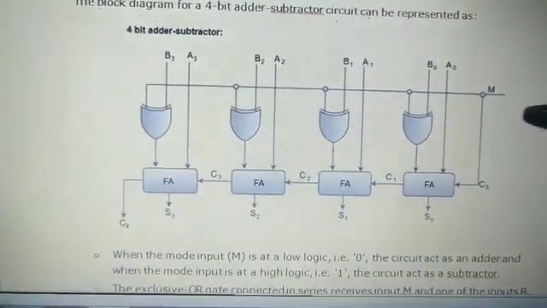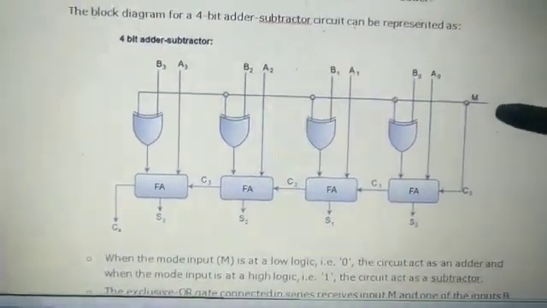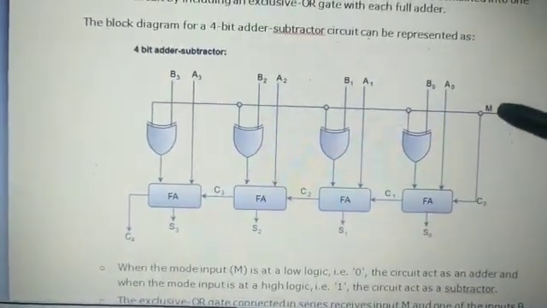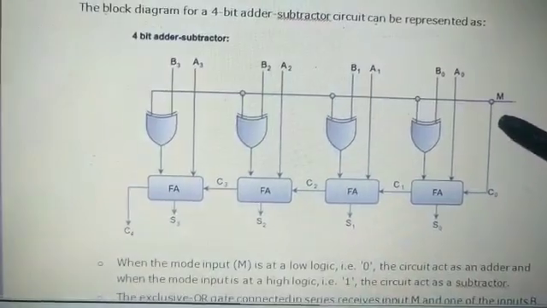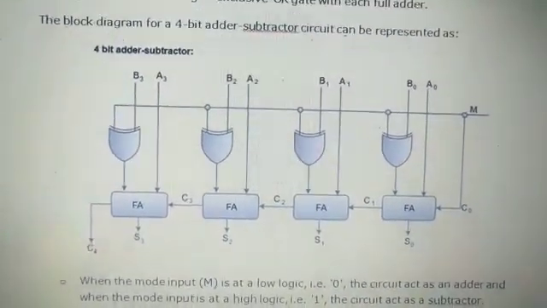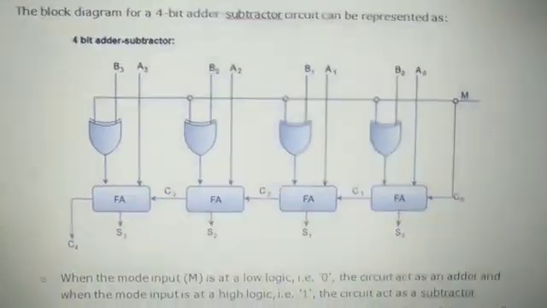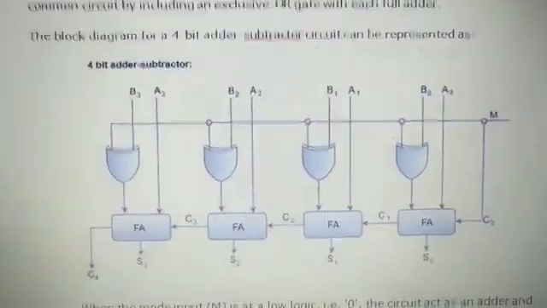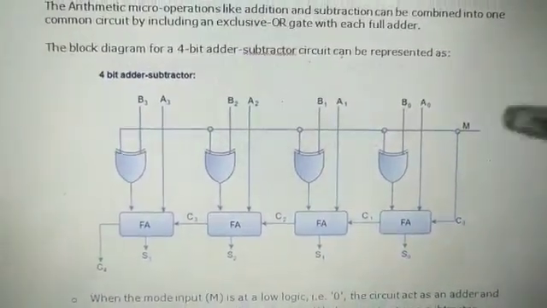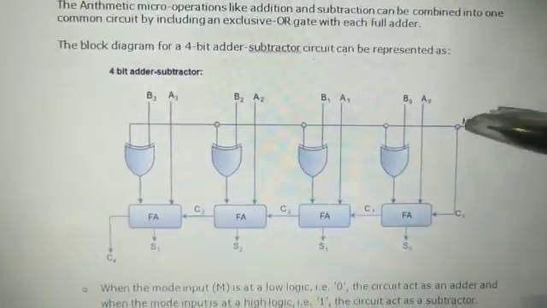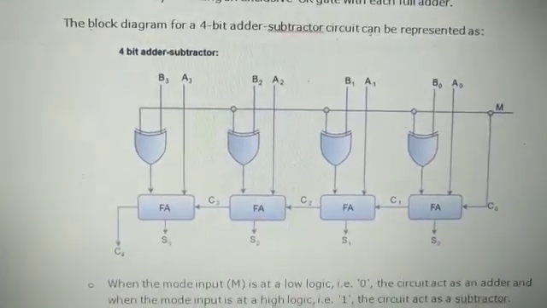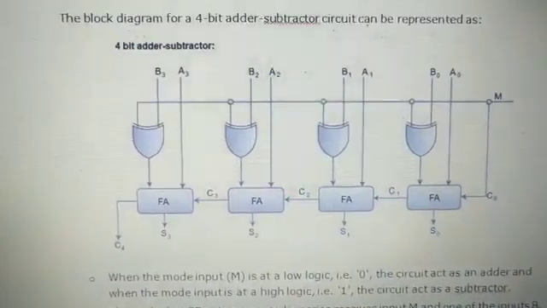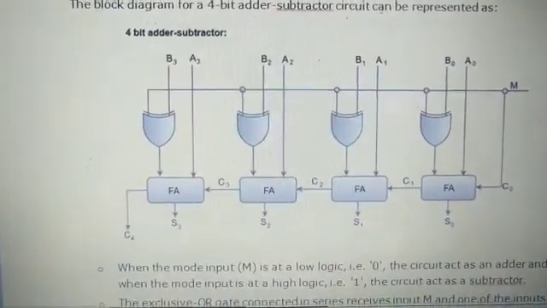So if you want this circuit to act as a binary subtractor, then through this M control line you have to pass 1. And if you want the circuit to act like an adder, then through the M control line you have to pass low voltage, low means 0. If you pass 0, the XOR gate will not produce the complement of the addend B0, B1, B2, B3.